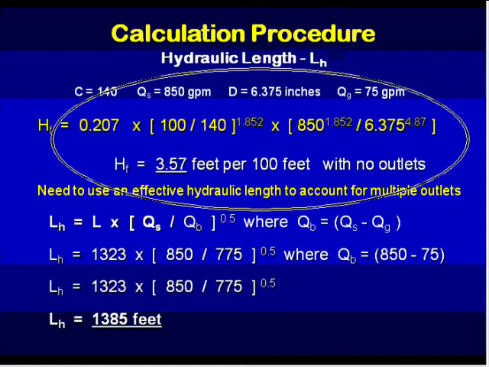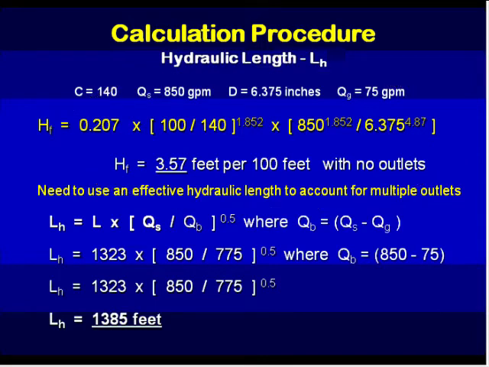And now we need to adjust for the fact that we have an end gun on the system. We do that by calculating an equivalent or effective hydraulic length of our system, to account for the fact that we have multiple outlets along the way.